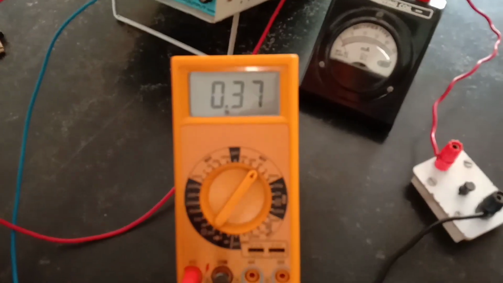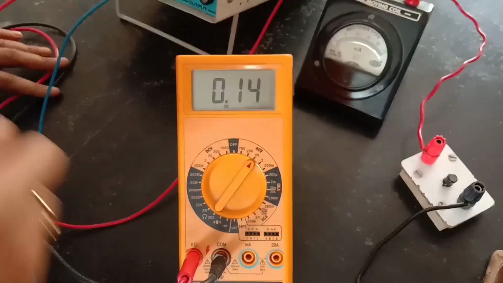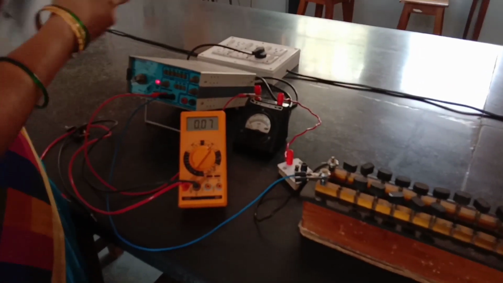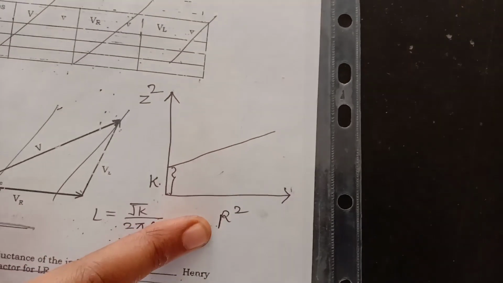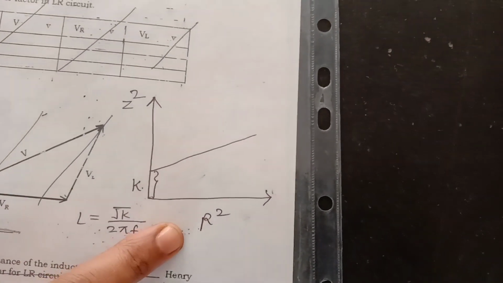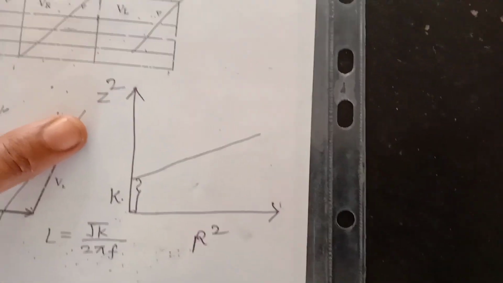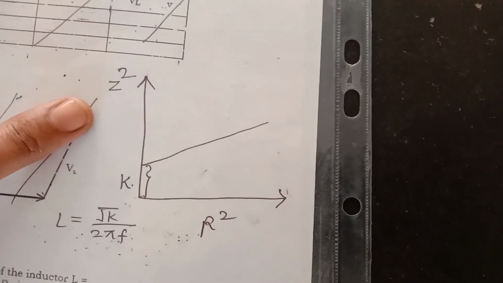Now you have to go back to your PDF, and you can see the graph of Z square and R square is plotted. As you change the R and the corresponding current, Z can be calculated. Now what is Z? Z is impedance.